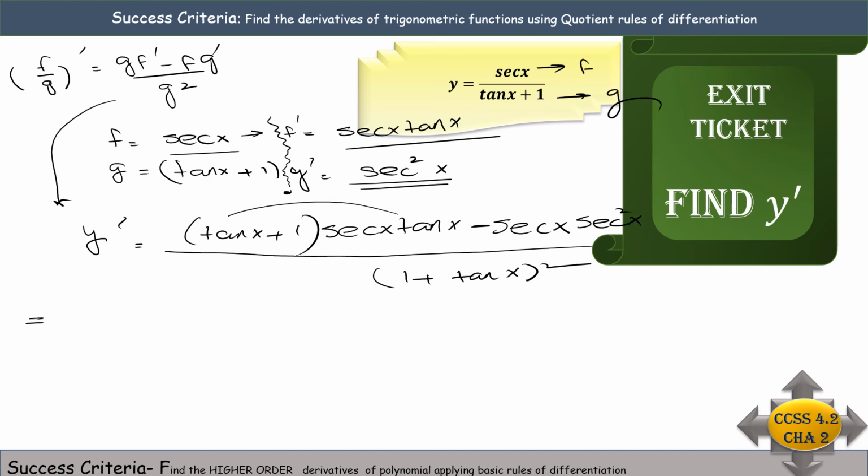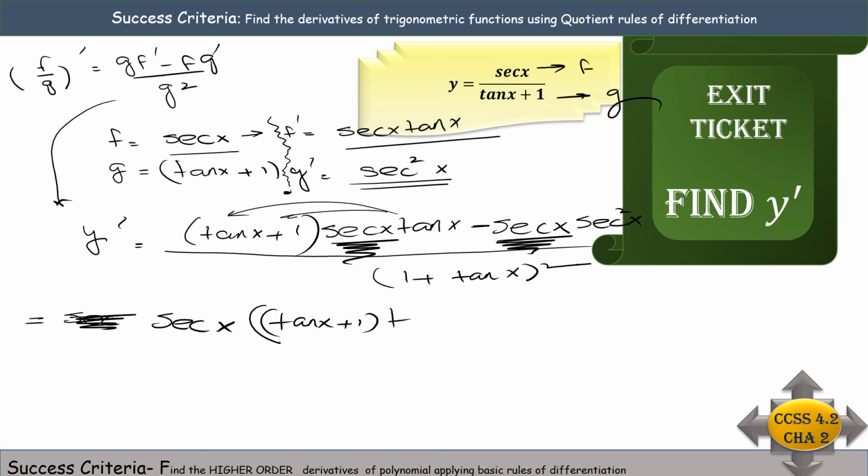Now open the bracket. Sec x is common, and I feel that rather than opening the bracket first, why don't I take the common first and then open the bracket, so it would be easier for me. So sec x is the common, and after taking it out, what is left? 10x plus 1 times 10x minus sec square x.